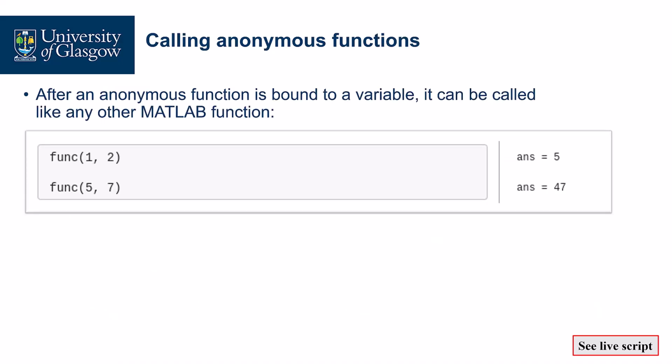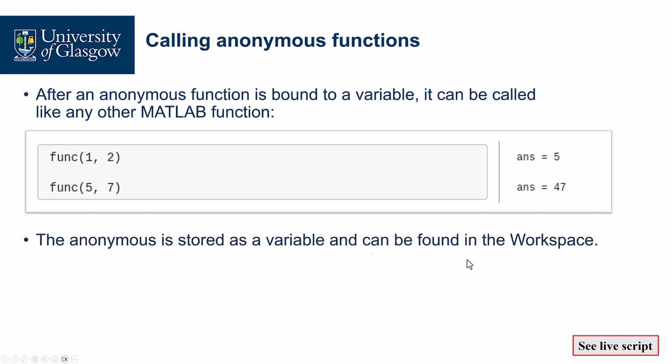When an anonymous function is defined, you can call it like any other function. For example, the function before, we can use func with parentheses 1, 2, 5, 7. So it will provide us the result. For more details, you can see the live script. Remember the func, we also called it a function handle or a variable.